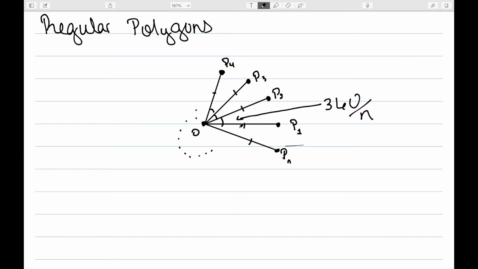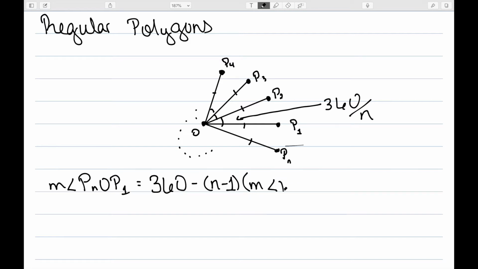So we need to verify that this very last angle does actually match the rest. I need to consider the measure of angle Pn, O, P1. Once I've constructed all of these congruent angles, this last one is already determined for me, so I need to make sure it's congruent to all of the rest. We know there's 360 degrees in a circle, and I have already accounted for n-1 of these angles, which are all the same as the measure of P1, O, P2, the first angle.